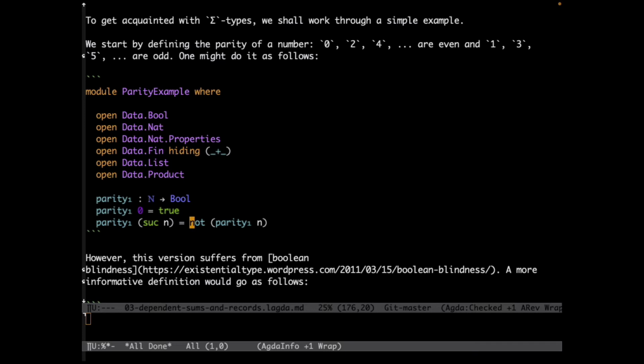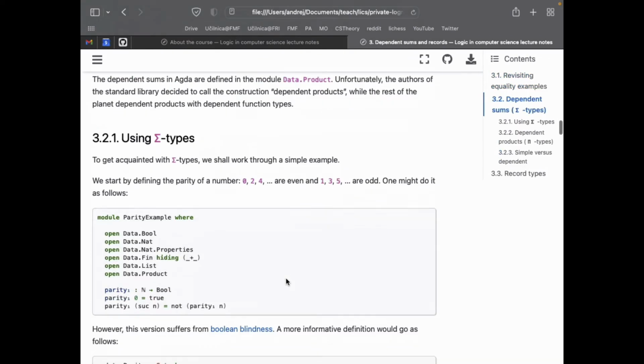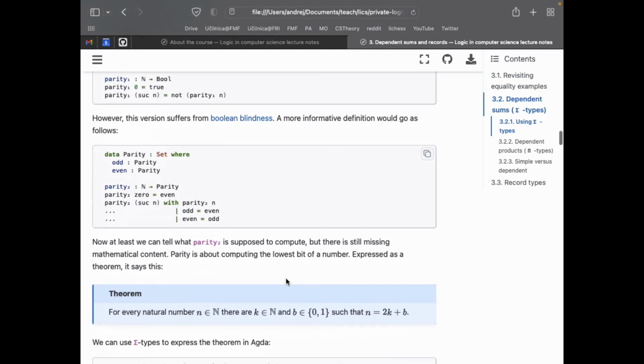This is a very general phenomenon that appears in programming. If you use functional programming, you're less likely to suffer from it, but if you use imperative or object-oriented, then you will likely suffer from some form of it. It's called Boolean blindness, and there is a nice blog post by Bob Harper on this.